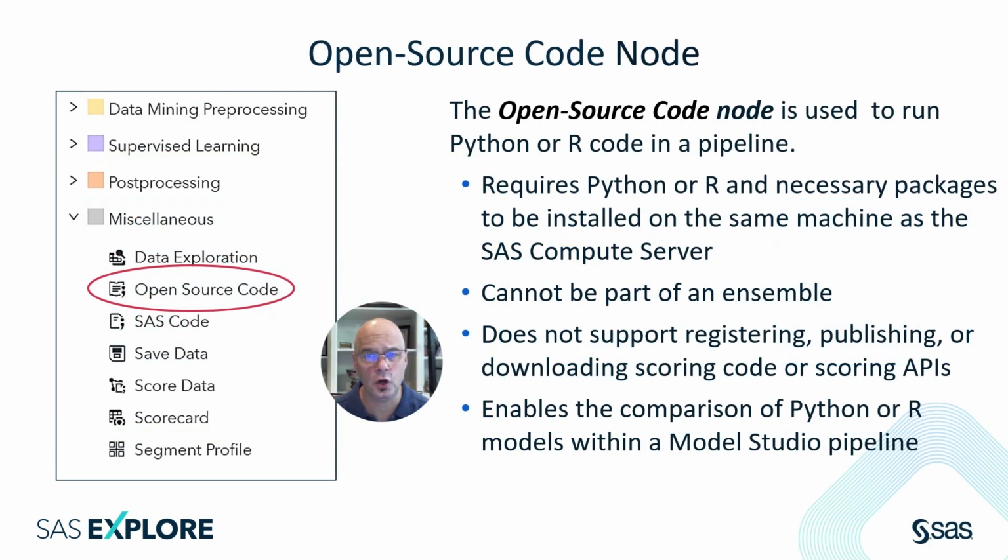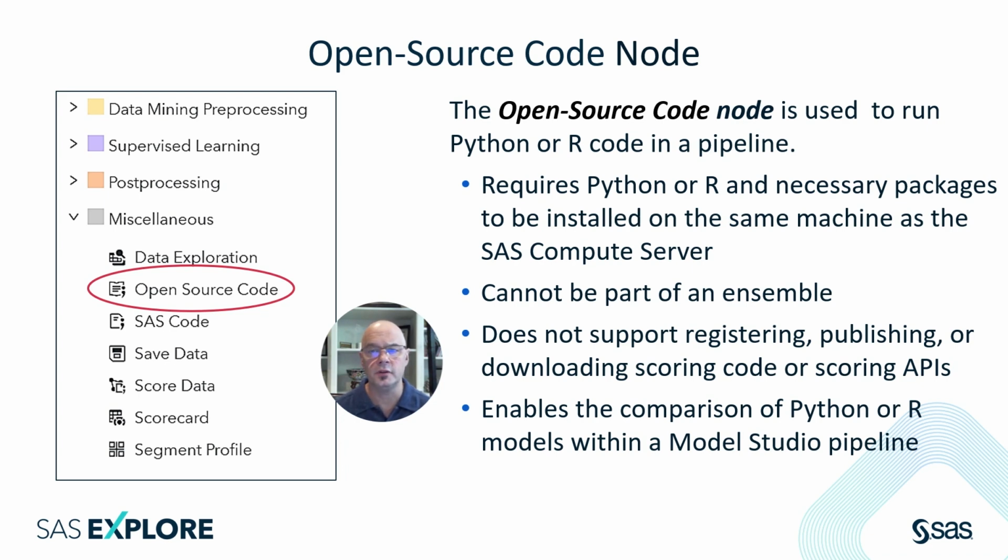Just like the SAS code node, the open source code node is considered a miscellaneous tool. So it is a specially designed node. You're obviously not using the SAS code node here because you're not building SAS code. The open source code node is currently designed to work with Python or R code.